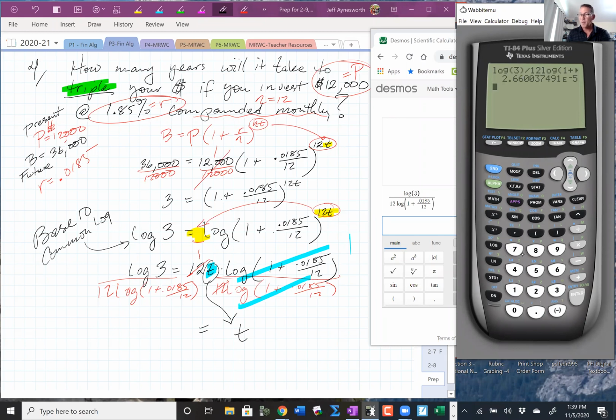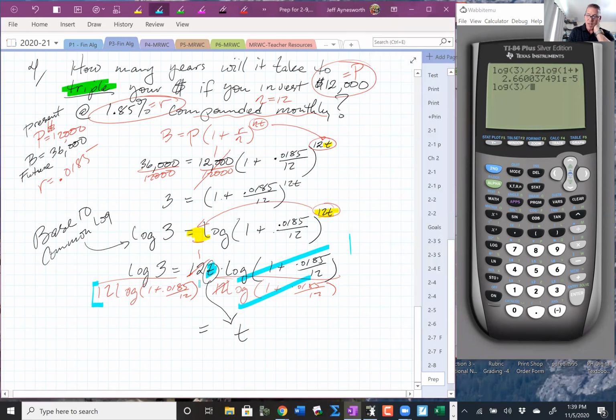So watch this again. I'm going to do it correctly now. So log of 3, I'm going to close it off and then divide it by. And what we need to do, this is the key, is you need to put parentheses around your denominator. So hit the left parentheses button and then type in 12 and then log.